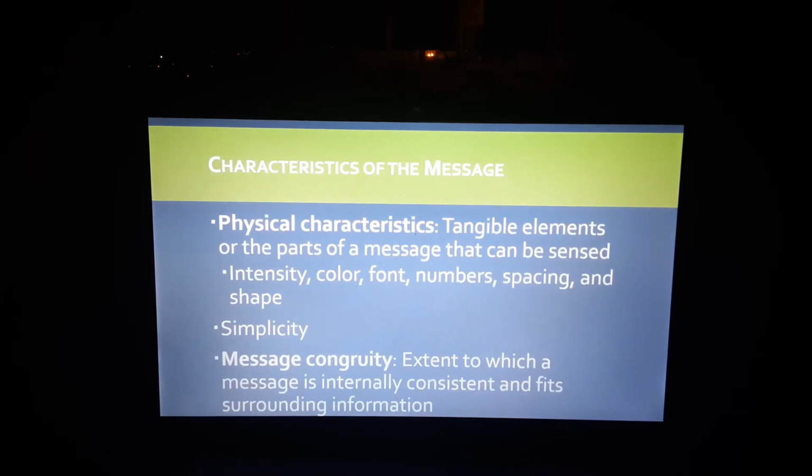So characteristics of the message: actual physical characteristics, color, font, numbers, the spacing and the shape, how we respond to the actual aesthetics of it. Simplicity, how simple is it? And then also how consistent is the message in terms of the information that's around it.